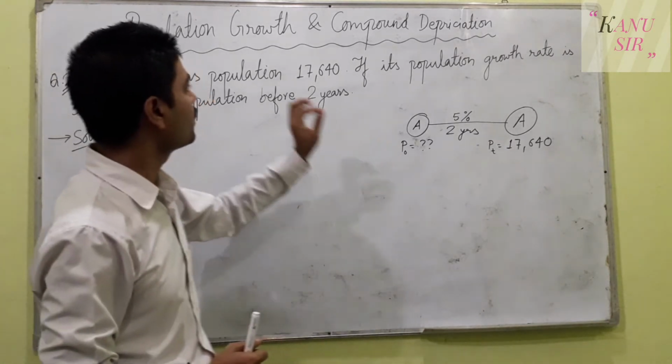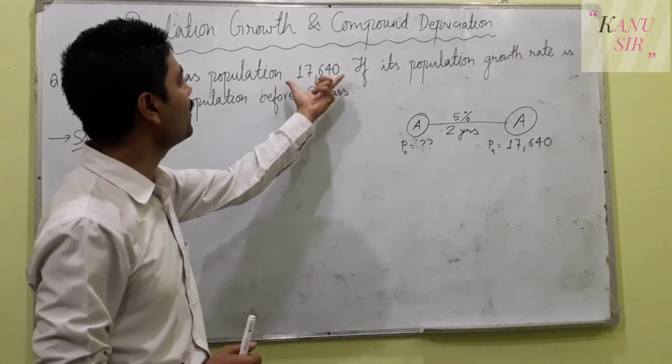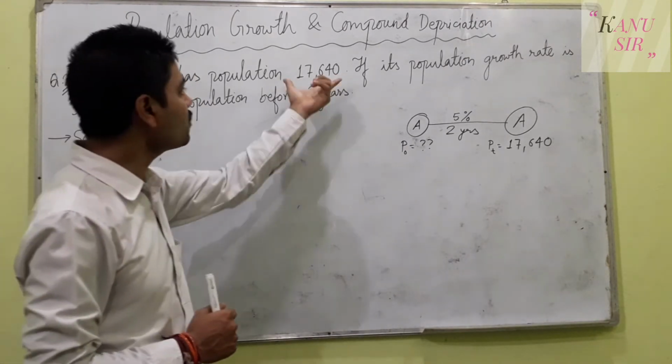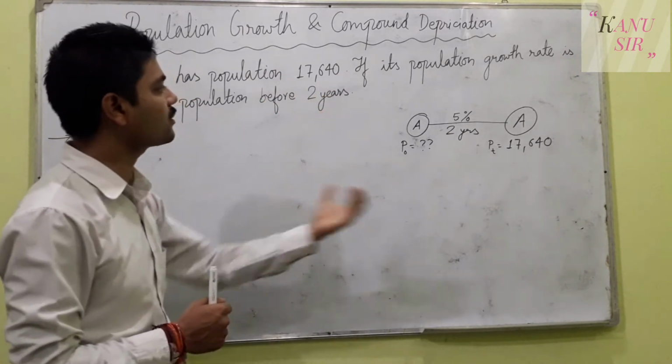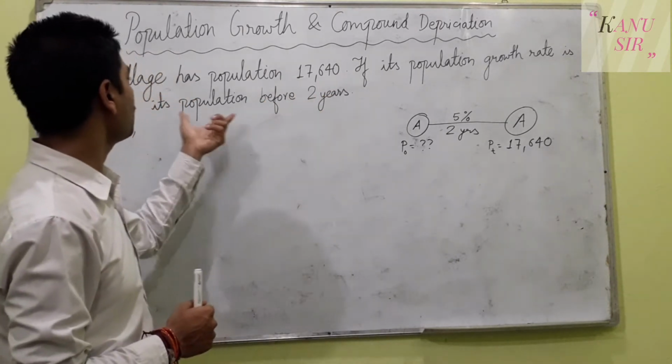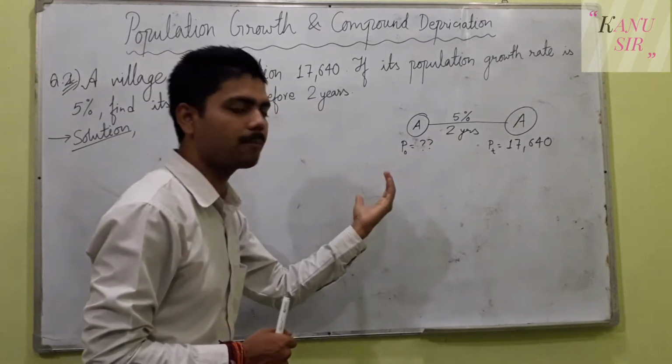But here in this question, students may take this population as the initial population, but it is not the initial population. The question has demanded the population 2 years before, the population of the place from 2 years ago.